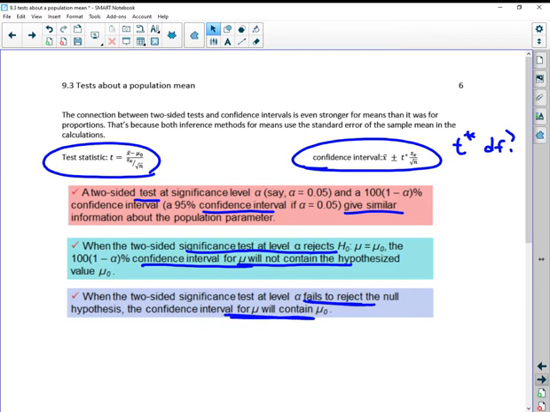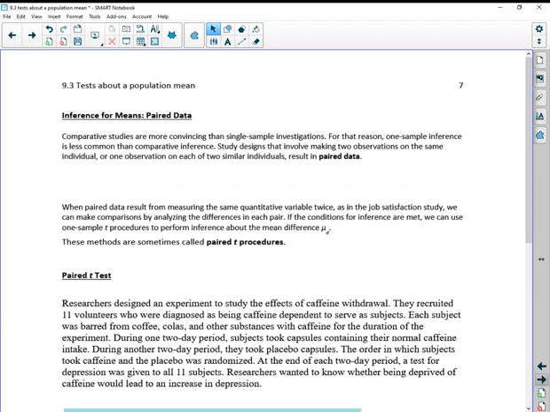So that's that. Now let's do one more example of a t-test for means, and this one being a matched pairs design. So if we're doing a comparative study and we're doing matched pairs, a well-designed experiment where we have randomization of the order of the treatment.